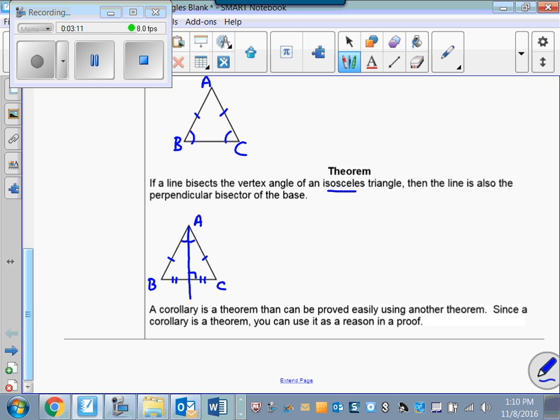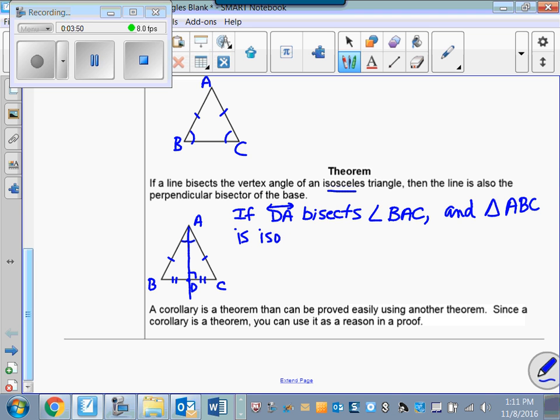So let's write it this way. And let's call this point right here D. So if DA, and they call it a line in there, so I'll write it as a line. It could be a segment, it could be a ray. So if DA bisects angle BAC, and we have to know this, triangle ABC is isosceles.